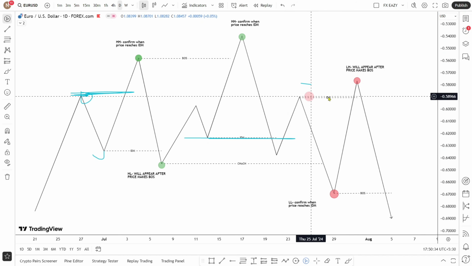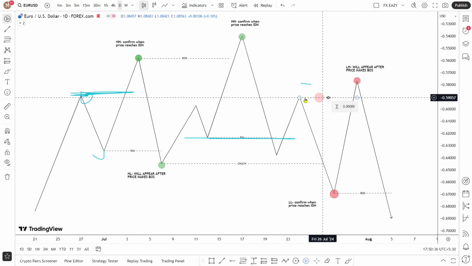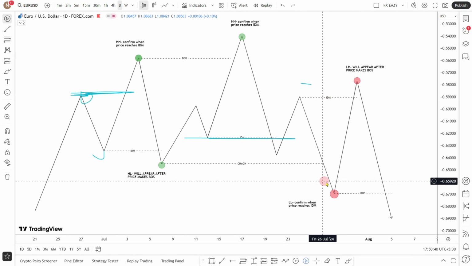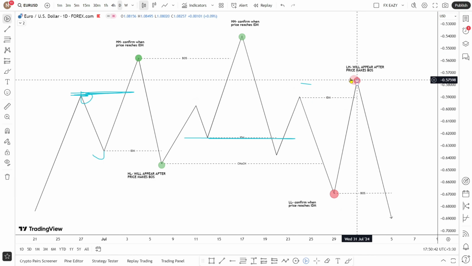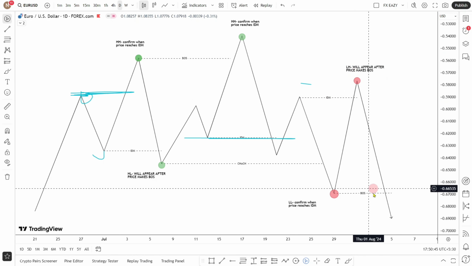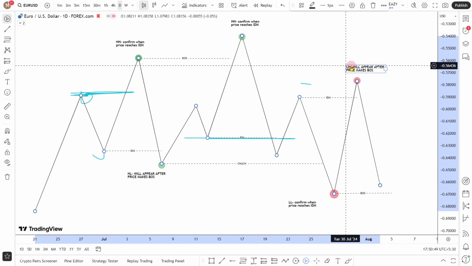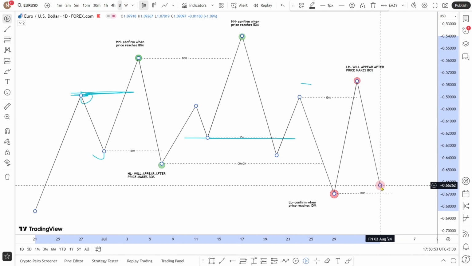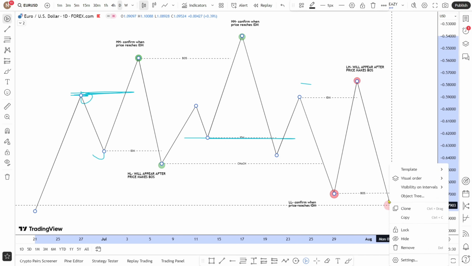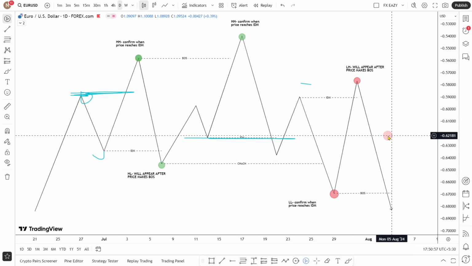Then when the market gives a move at the inducement level, our lower low would be confirmed. But our lower high would be confirmed only after the market does BOS. If the market didn't do BOS, then our lower high point would not be confirmed till that point. Once it gives a closing, or you can say it forms a valid BOS, then your lower high point would be valid.